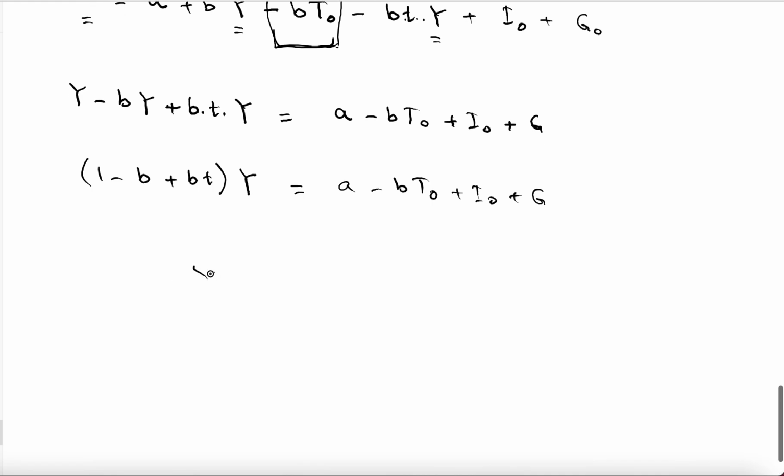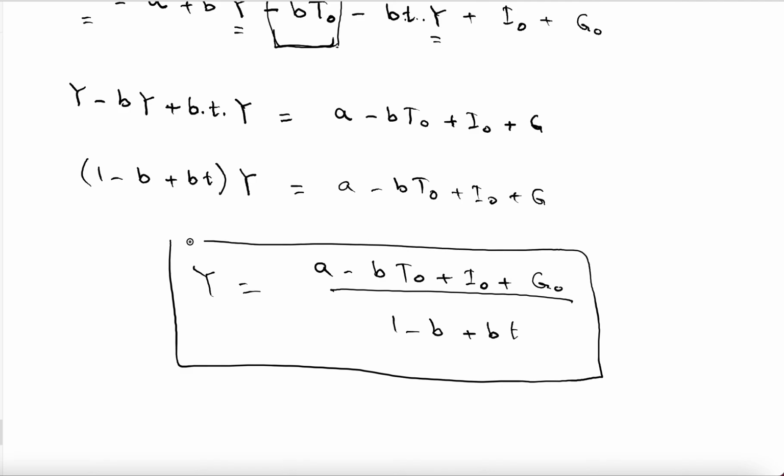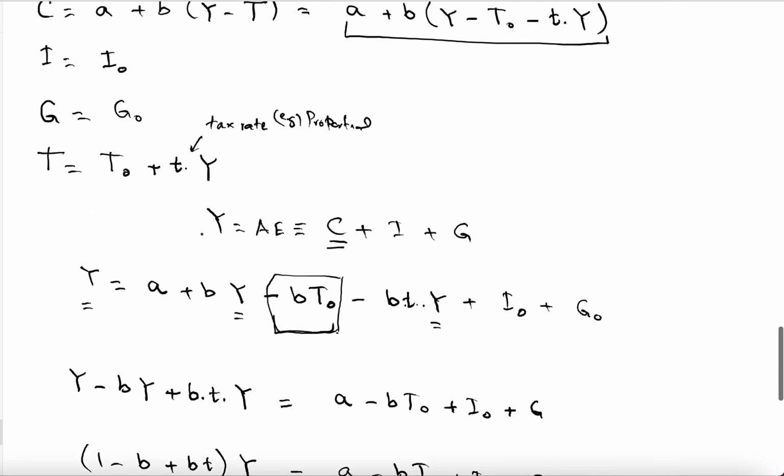Now Y is going to be equal to (A minus BT0 plus I0 plus G0) divided by (1 minus B plus B times the tax rate). So this is going to be our equilibrium condition if we have proportional tax.